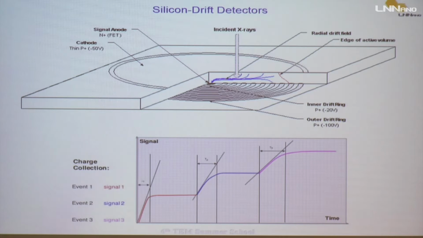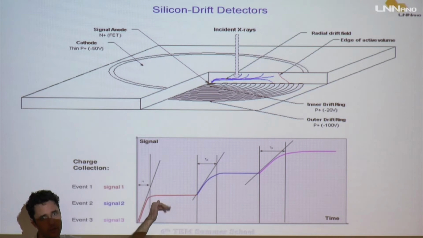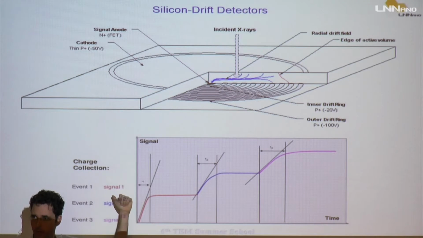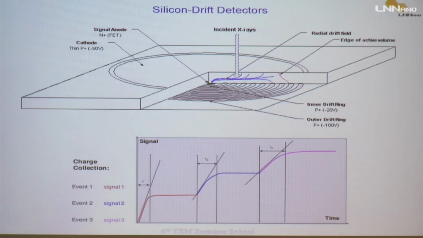Two photons may arrive at the same time, and they may be measured by the detector. You just need a small amount of time where there is no change in the measured current for the detector to be able to separate both signals. Okay?